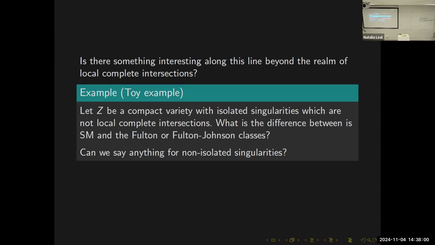But the problem is, of course, as soon as you leave this world, even if you stay in the world of isolated singularities, and you leave this world of complete intersections, these classes are defined in full generality, and we would have to understand the difference in full generality, at least for the case of isolated singularities. The thing is, you have a Milnor version, and you speak of a Milnor fiber, but then the expected formula will not be true, I think.